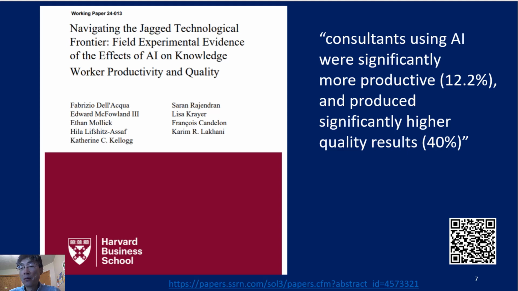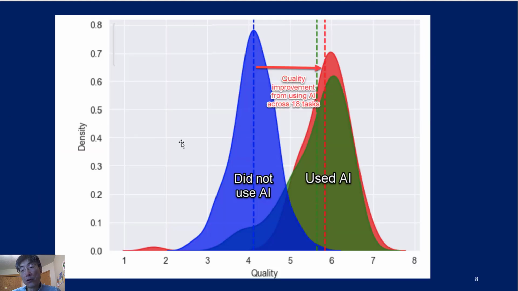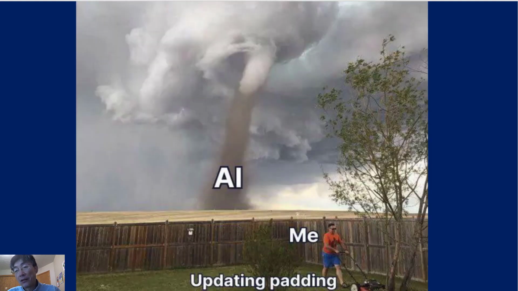They compared the productivity gain, and surprisingly the quality of the work was also much higher. As you can see, here is the graph for the quality of the work, noticeably different between the people who used AI and those who haven't. The revolution of AI is going on right now. If you call this hype and ignore this trend, like this guy, you will be less competitive.